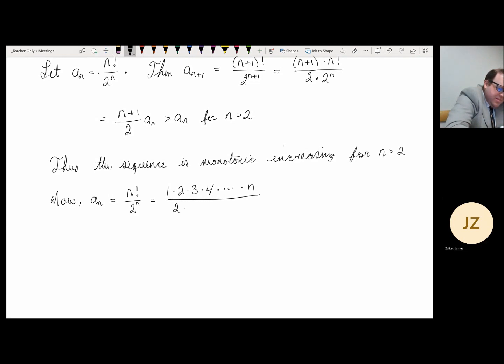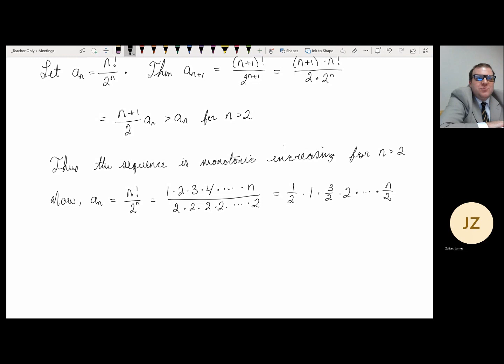That should be 2 to the n. N factorial is 1 times 2 times 3 times 4 times 5 times 6 and so on and so forth up through times n.